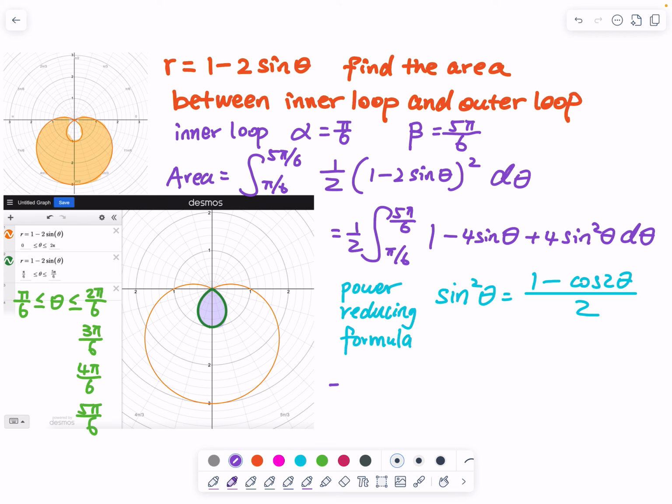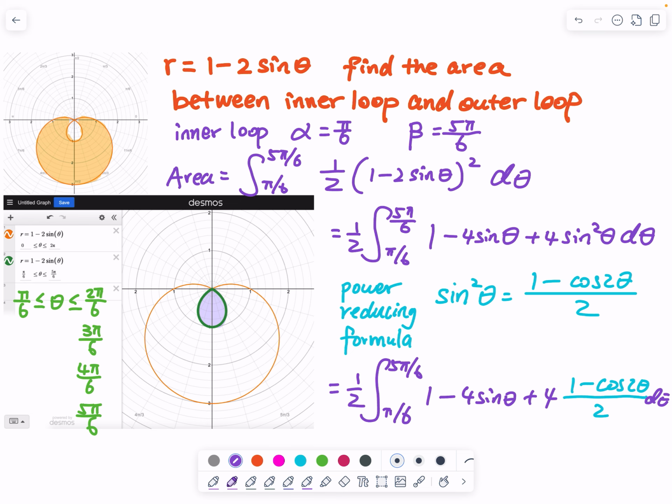Okay, let's put this piece in. You have a 1/2 integral, and then 1 minus 4 sine theta, and then plus 4 times (1 minus cosine 2 theta) over 2, and I am running out of space to write the d theta.